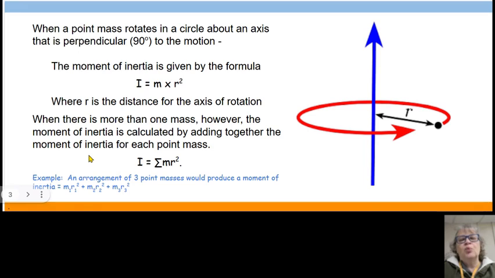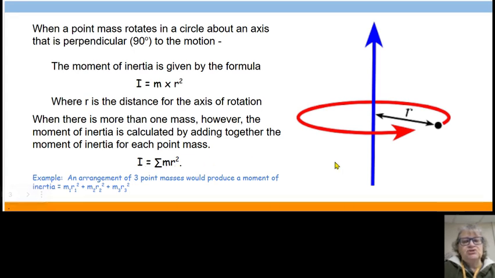So r is the distance from the axis of rotation. When there's more than one mass, the moment of inertia is calculated by adding them together, just like with forces, right? The sum of each inertia is equal to the net inertia.